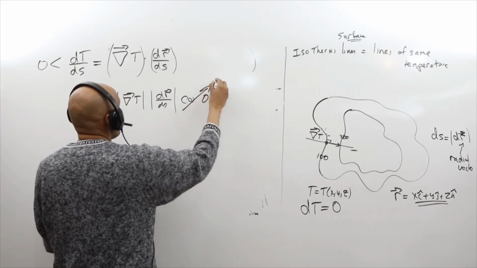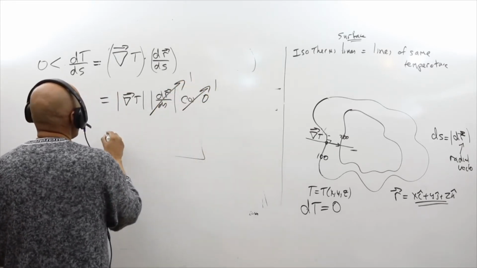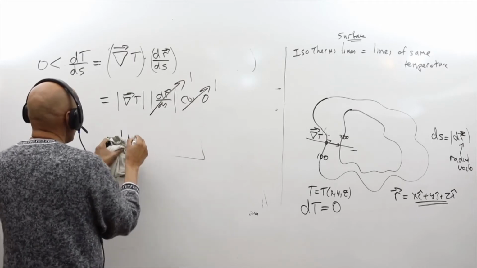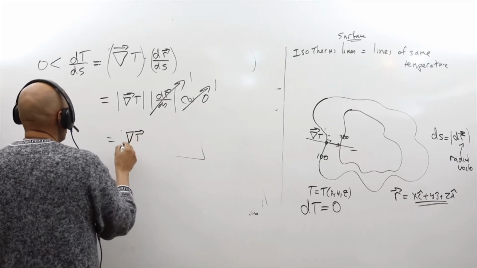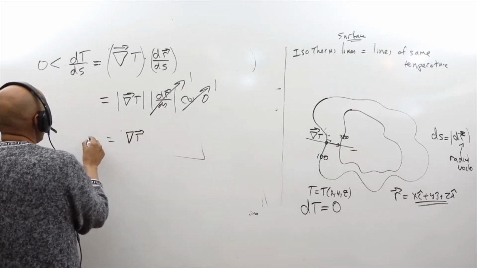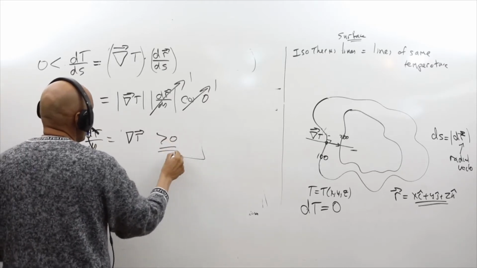So this becomes 1. And dr ds, it's a unit vector, so that's 1. So the magnitude of the gradient of T is equal to dT ds, which is greater than 0.